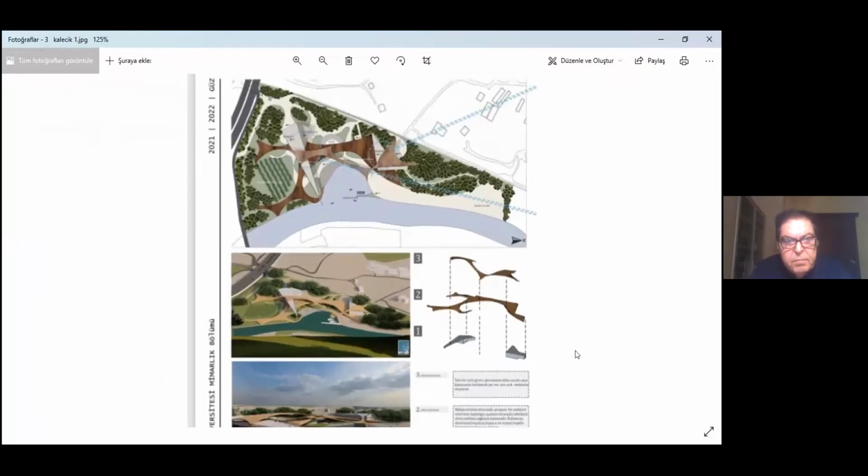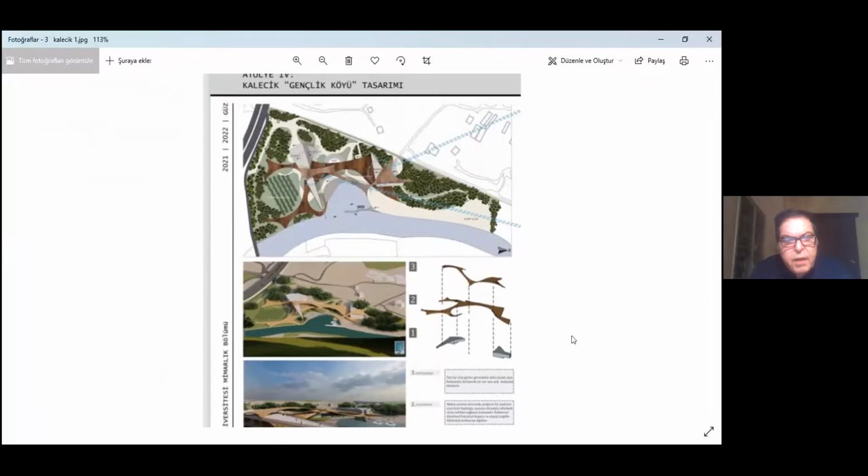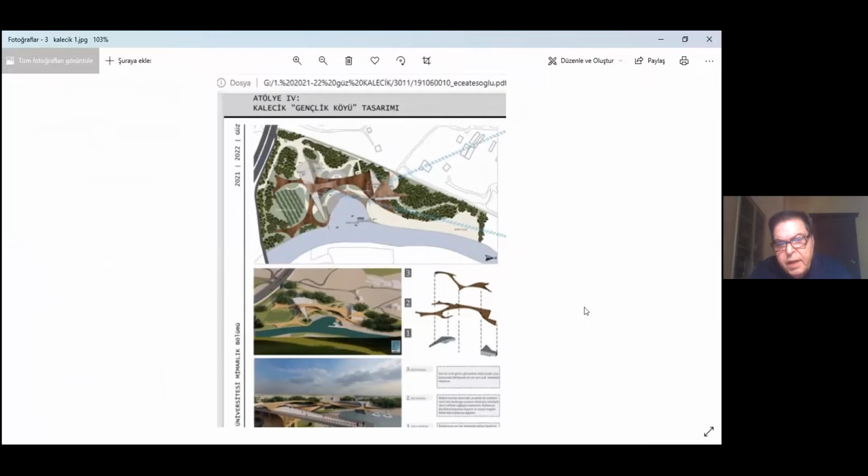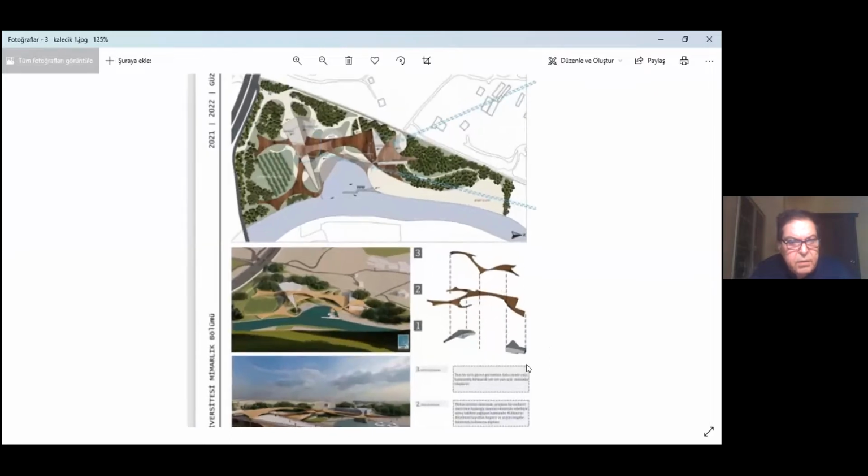And our topic was a youth village in Kalecik, a University Students Village in Kalecik. So in that design, the prior, dominant data was winery farms by the river.